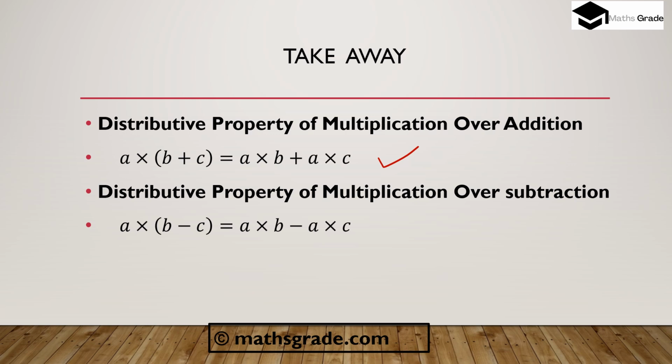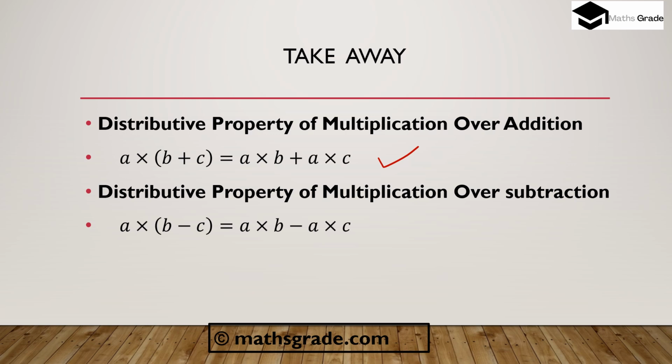And what is the distributive property of multiplication over subtraction? If we multiply the first number with the subtraction of second and third number, then first we have to subtract the third number from the second number, then multiply the result with the first number.